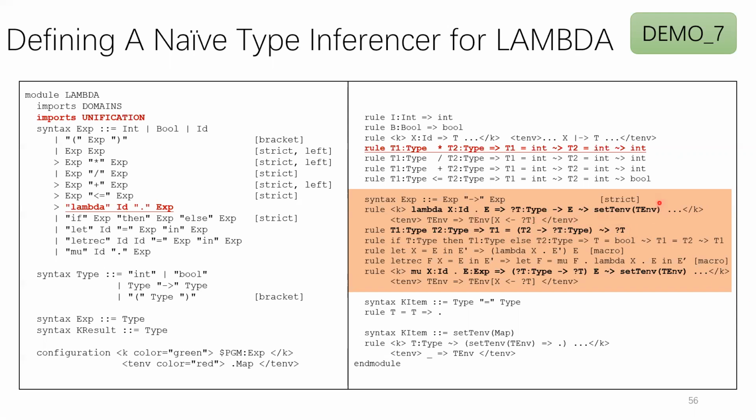To sum up, this naive type inferencer is still quite simple. Compared to the type checker, it does the same operations, but with two important differences. First, instead of declaring a type for each declared variable, we assume a fresh type for that variable.